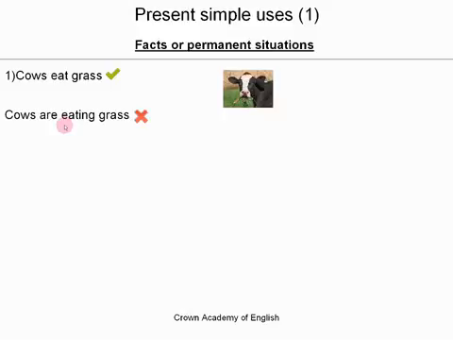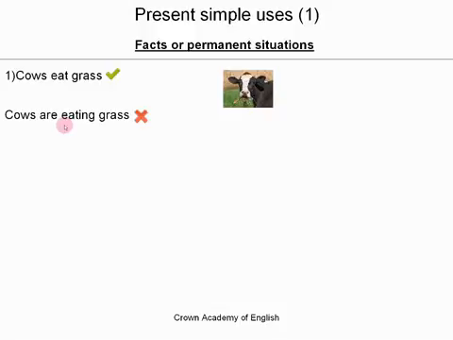Okay, we can see a cow across the road and we are telling somebody next to us, oh, look at that cow over there, it is eating grass, or they are eating grass. That would then be correct. But when we want to describe a fact or a permanent situation, we must use the present simple tense. So that is why we say cows eat grass. It's a fact, so we use the present simple.